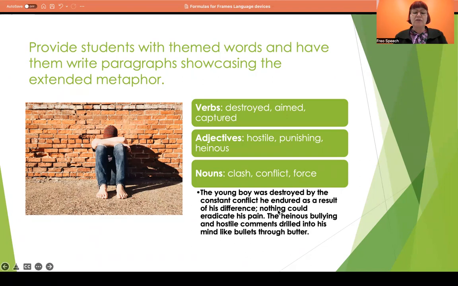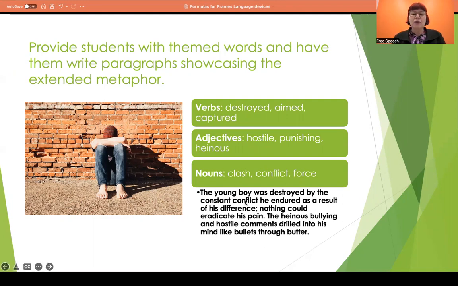And this is what we got from a young student, not in the primary school, this was a high school student. The young boy was destroyed by the constant conflict he endured as a result of his difference. Nothing could eradicate his pain. The heinous bullying and hostile comments drilled into his mind like bullets through butter. So you've got lots of war words there.